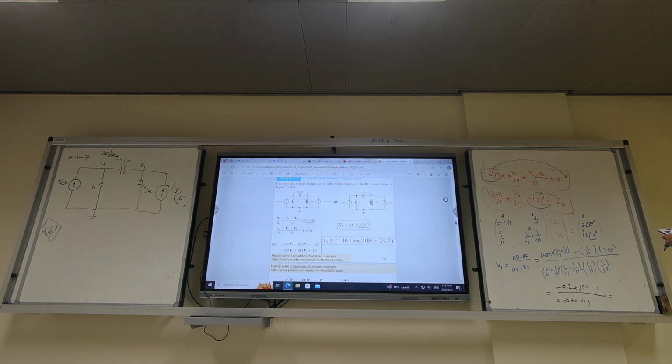Plus 1 over 10j plus 1 over minus 5j minus 1.5 over j times 5. So that number will be what? Always verify that you're typing the right numbers, okay?